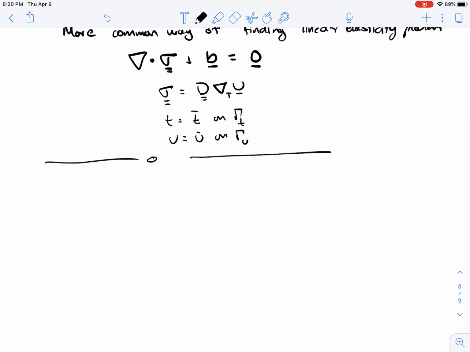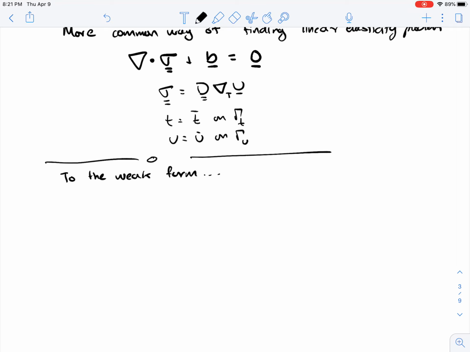So that's the next goal, but before I get there, I'm not going to do the whole derivation. You can go back to what we have done for the heat transfer problem, and you can also go to the book to see the full derivation, but I'm going to sketch out a little bit of the steps.